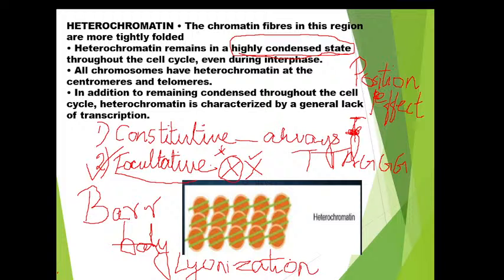That is X inactivation, and X inactivation in the embryo takes place in a random manner to maintain the balance.